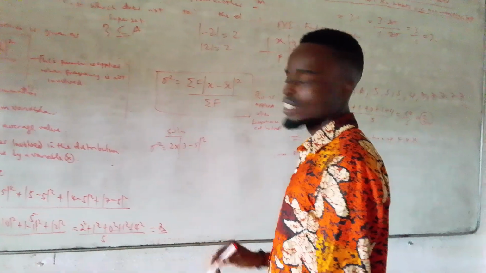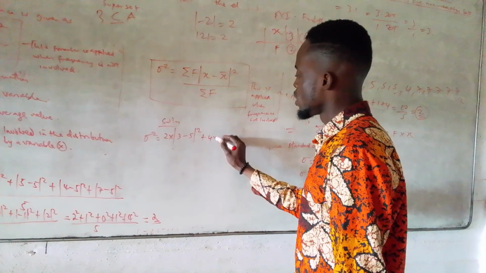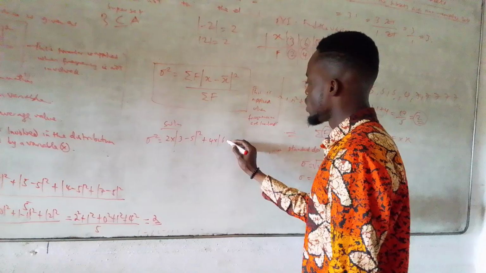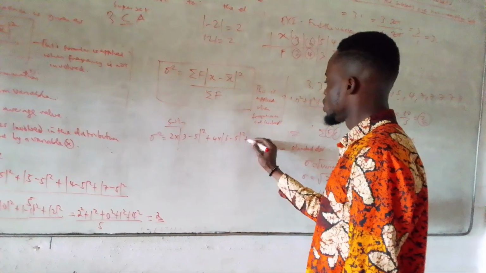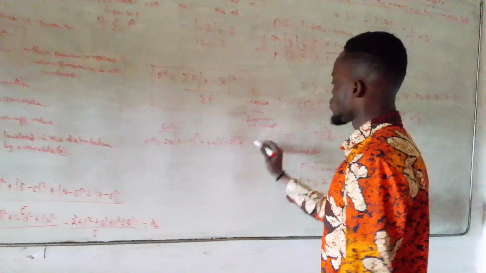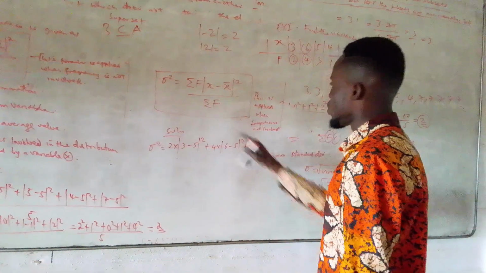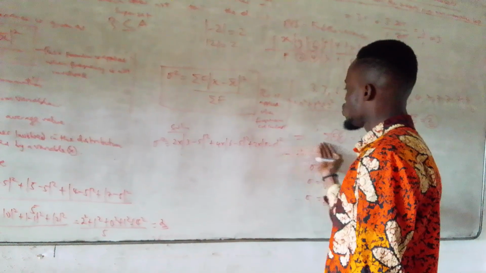Squared, right? Then plus f again, which is the next number, 4, times absolute value of x, which is 6, minus 5 squared. Plus f again, which is the next frequency, 3, times absolute value of x, 5 minus 5 squared.